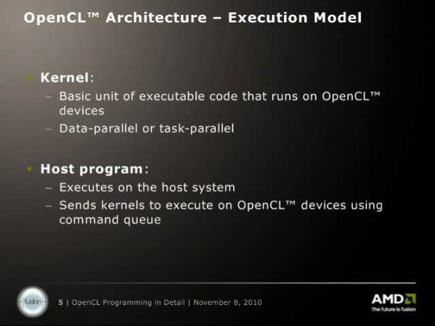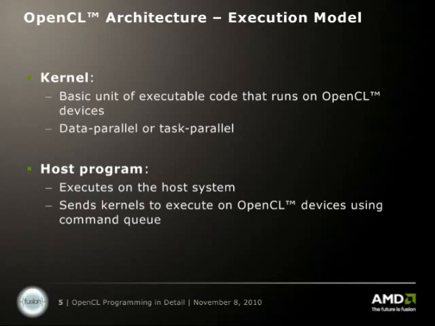So as far as the execution model, it's broken up into two parts. So there's the kernel. So this represents the executable code that will actually run on the OpenCL device. So this would be, for example, the actual kernel code that will run on the GPU. And an OpenCL kernel is designed to support both data parallel and task parallel types of programming models. The other part of the execution model is on the host side.